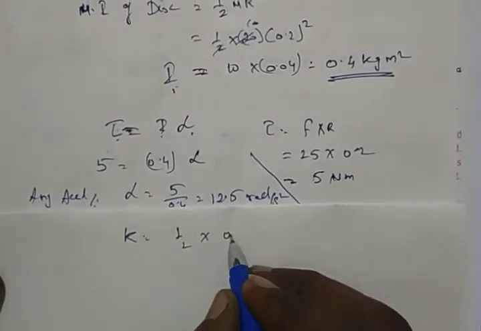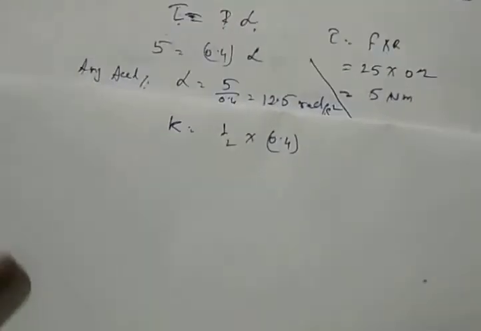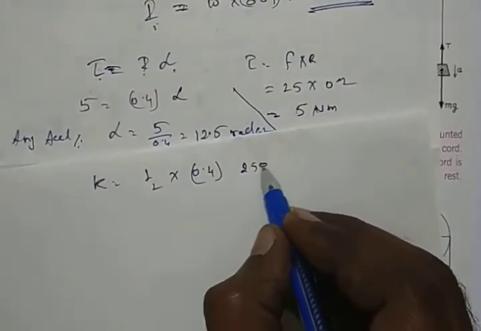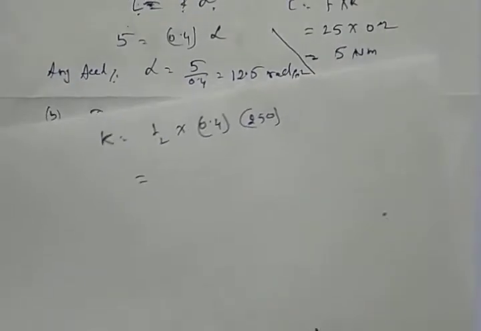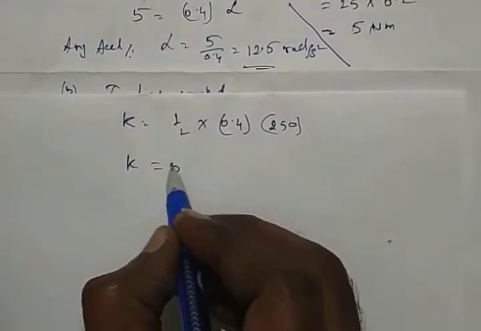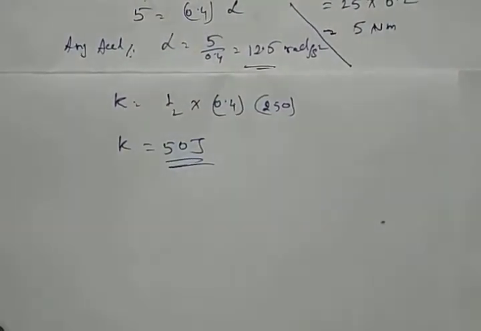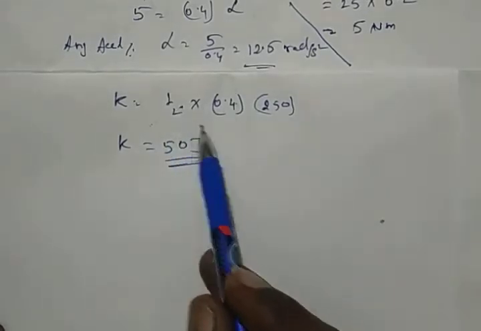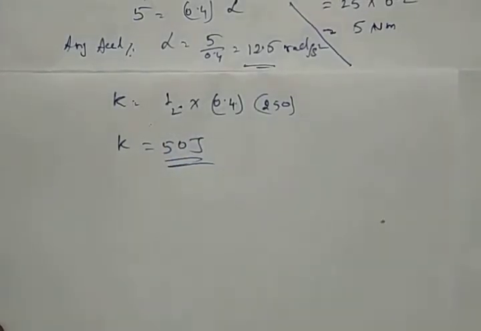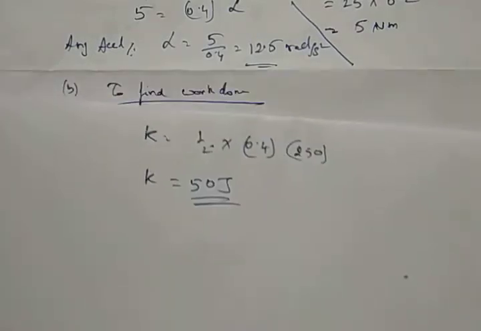So it is half into 0.4 into omega square, which is 250. This will get cancelled out, so the kinetic energy is going to be 50 joules. So it's quite an easy thing.